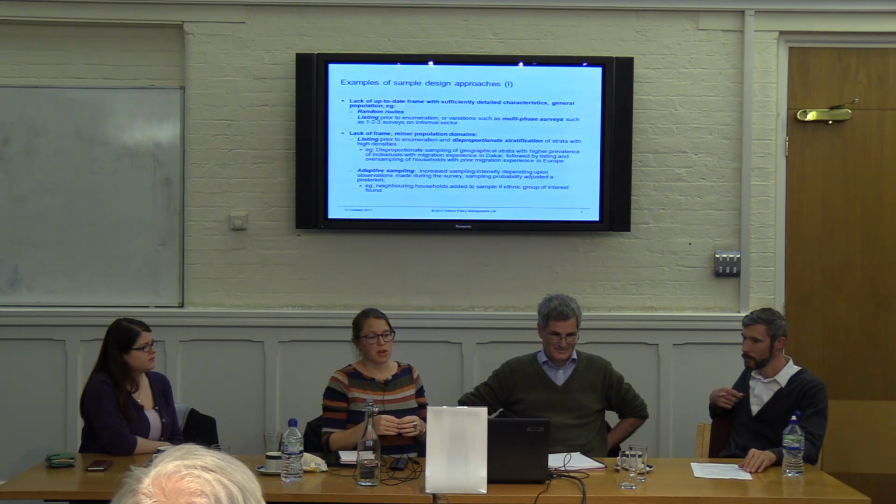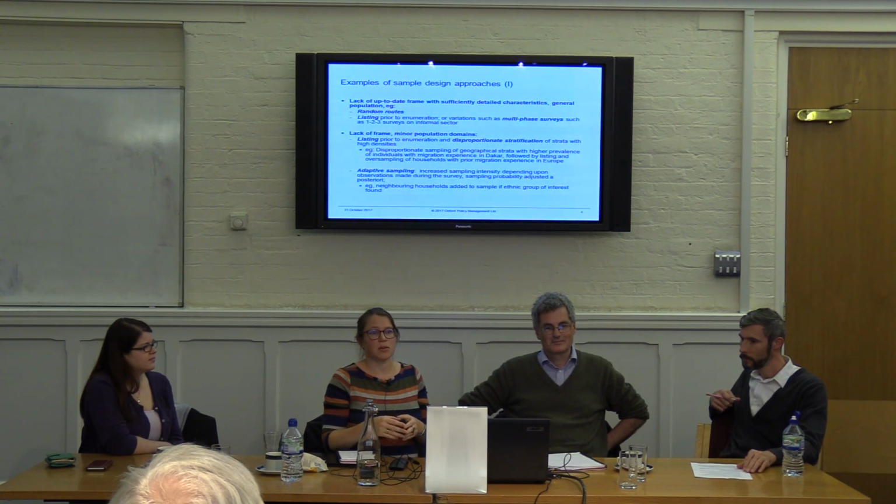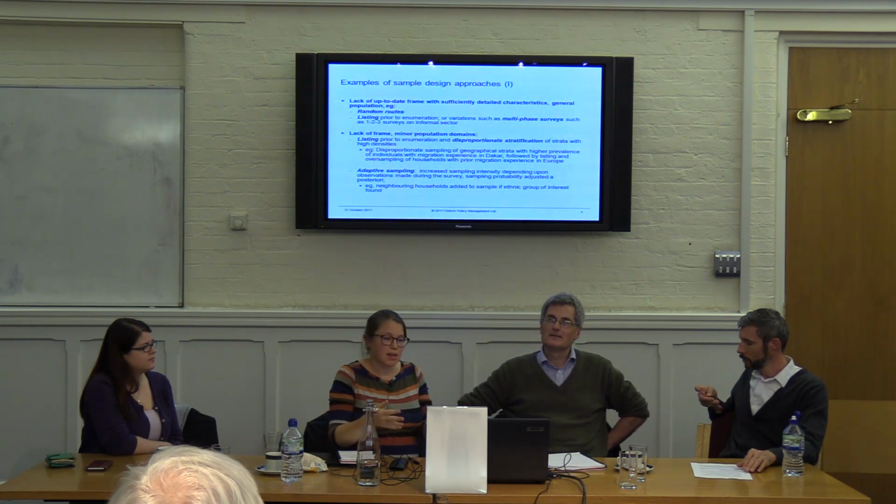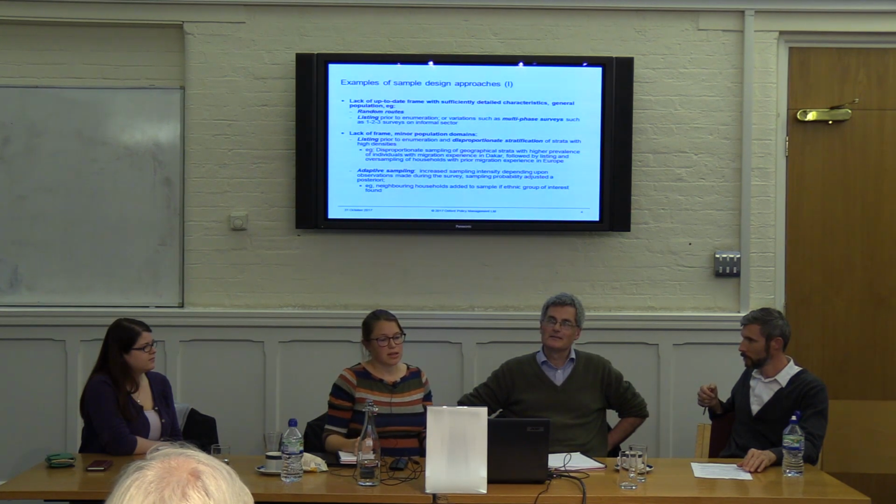So we first tried to find geographical strata with high prevalence of individuals with migration experience and oversample those. But then even within that, we again tried to list and identify those with specific migration experience, and again oversample those as well in the second step. So we had various stages of oversampling to, in the end, get to a sample that we could analyze.